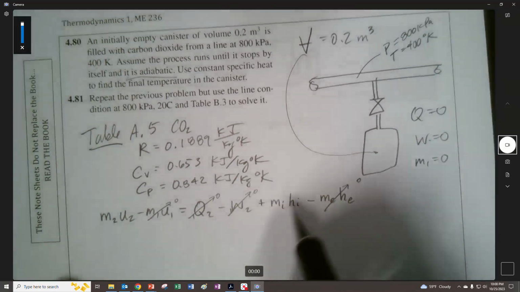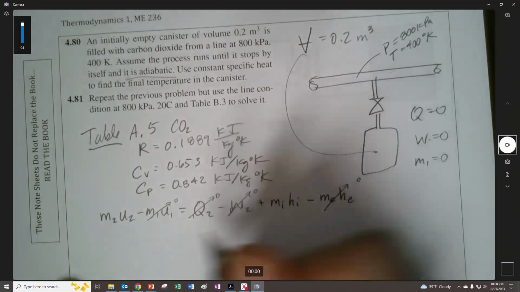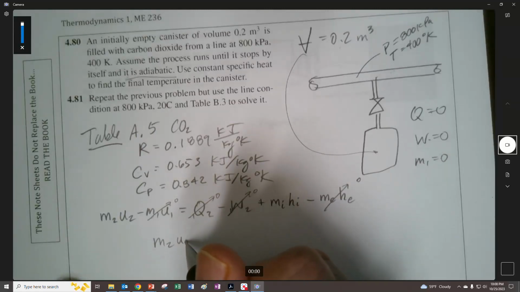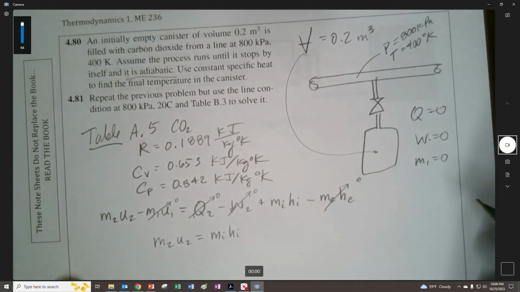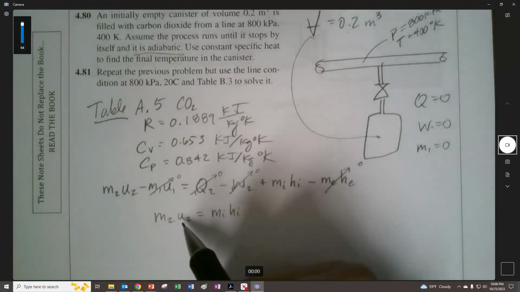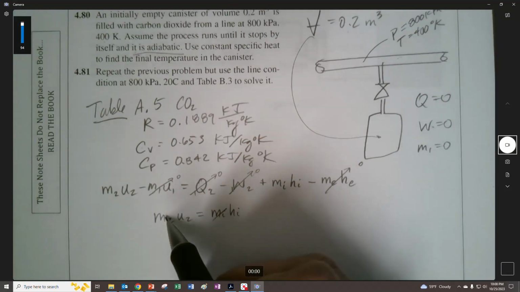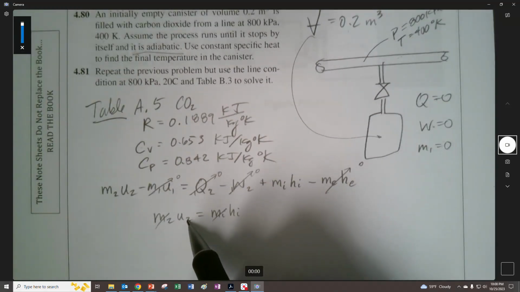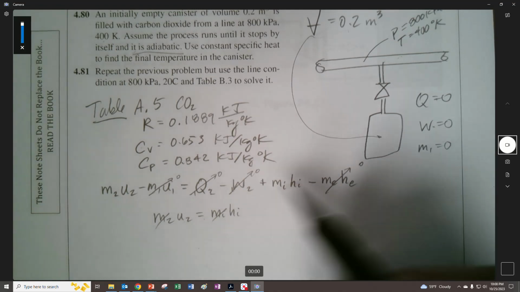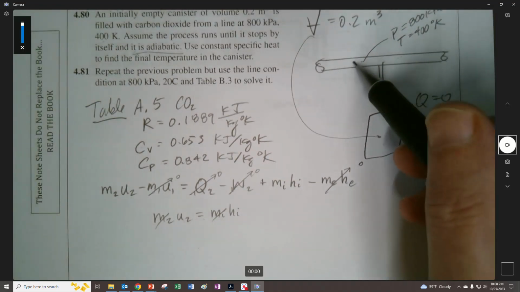So what we're looking at now is really just M2U2 is equal to M_i H_i, where the masses are equal to each other, so they can cross out. So the internal energy is going to be equal to the enthalpy coming in.